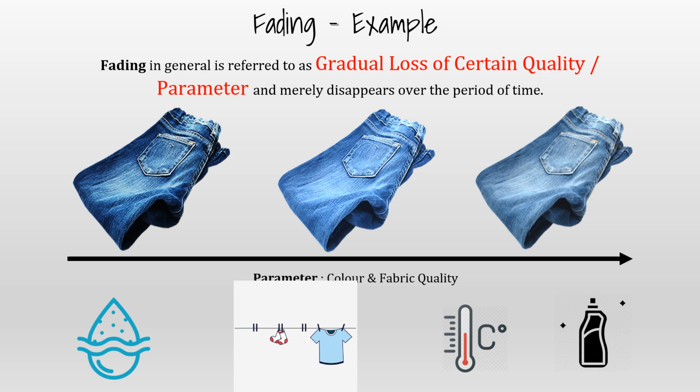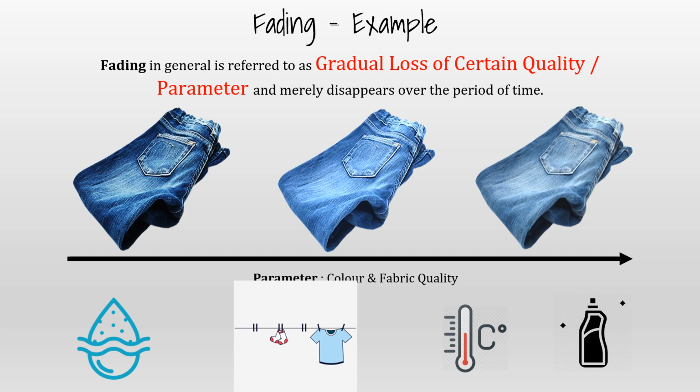So generally, what do you mean by fading? Fading is generally referred to as gradual loss of certain quality or parameter, which merely disappears over a period of time.